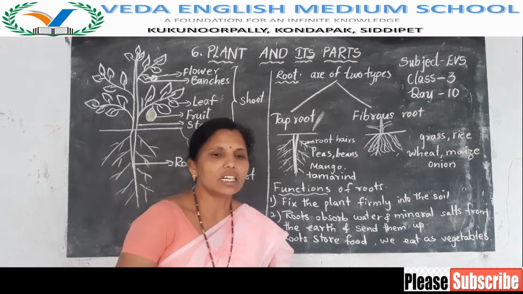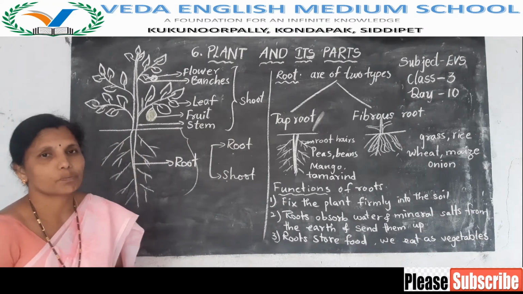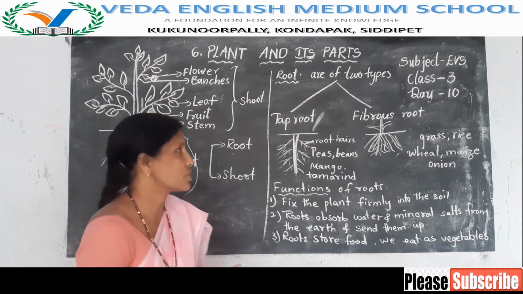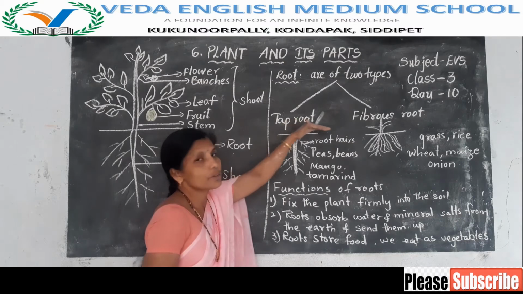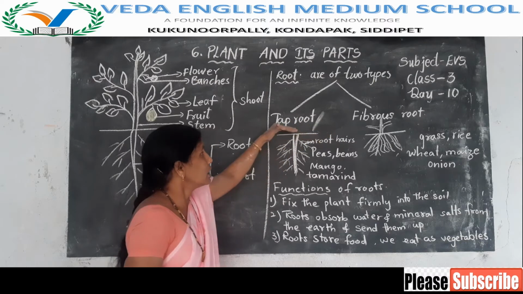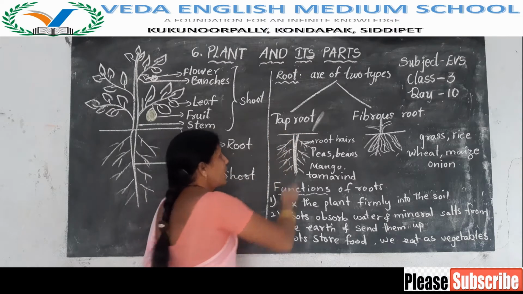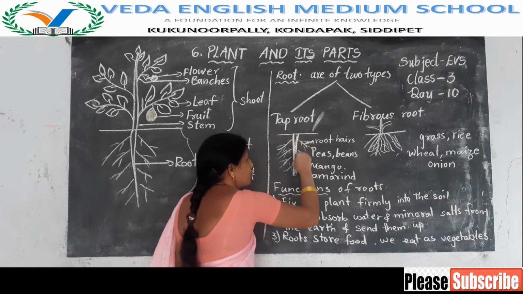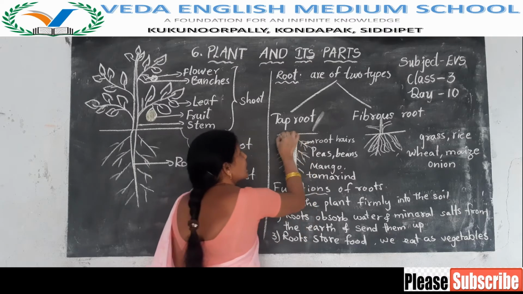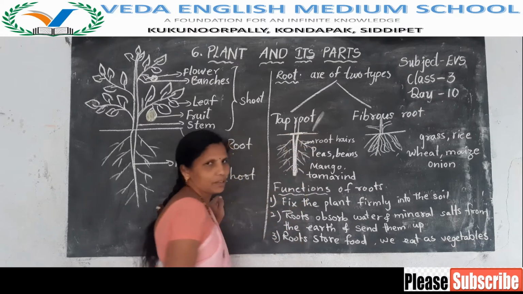Okay children, if we come to the root, there are two types of roots. What are they? Taproot and fibrous root. In a taproot system, there is one main root that grows from the end of the stem.